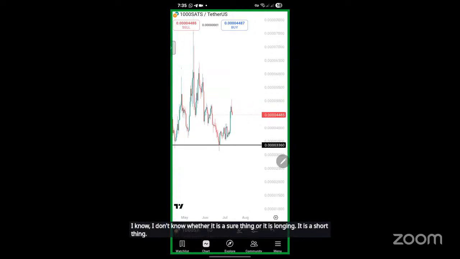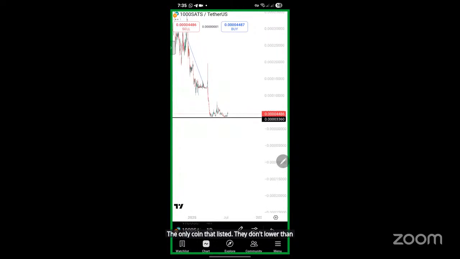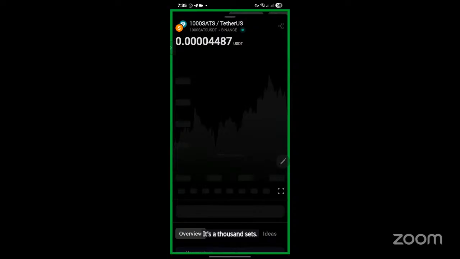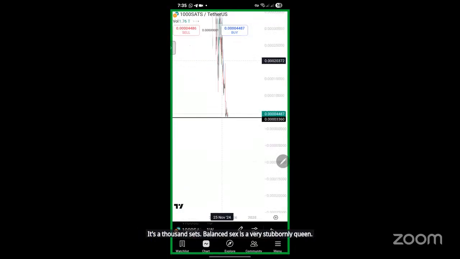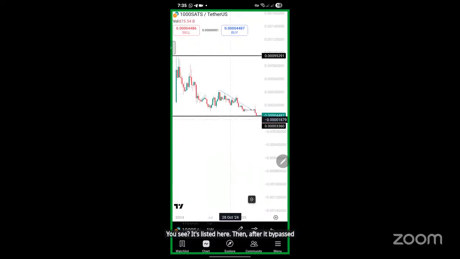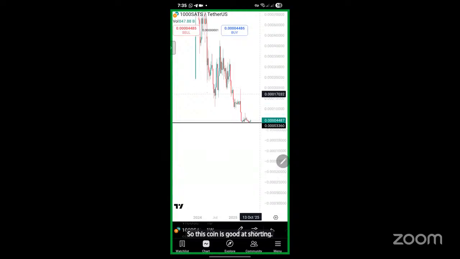The only coin that listed and went lower than its listing price is 1,000 sats. 1,000 sats is a very stubborn coin. You see? It listed here, then it bypassed the listing price to the downward side. So this coin is good at shorting all the time.